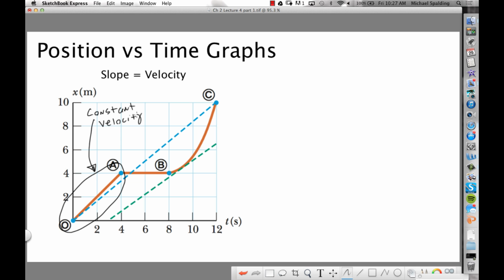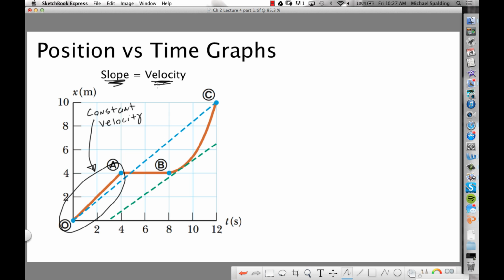The velocity is constant. Now, how would you figure that out? Well, if slope is velocity, what do we notice about the slope of this first line segment? The slope is constant. If the slope is constant, the velocity is constant.